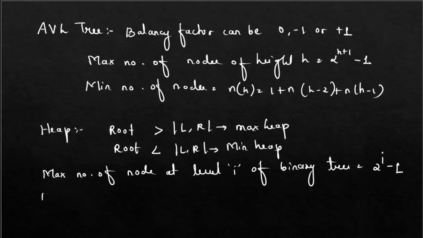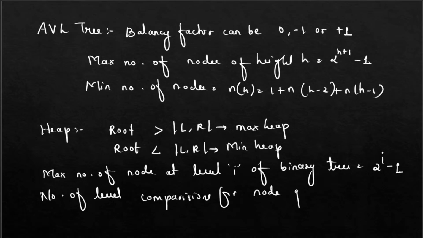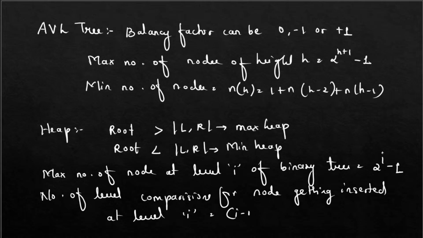Okay, the number of comparisons for a node getting inserted at level i is i minus 1.